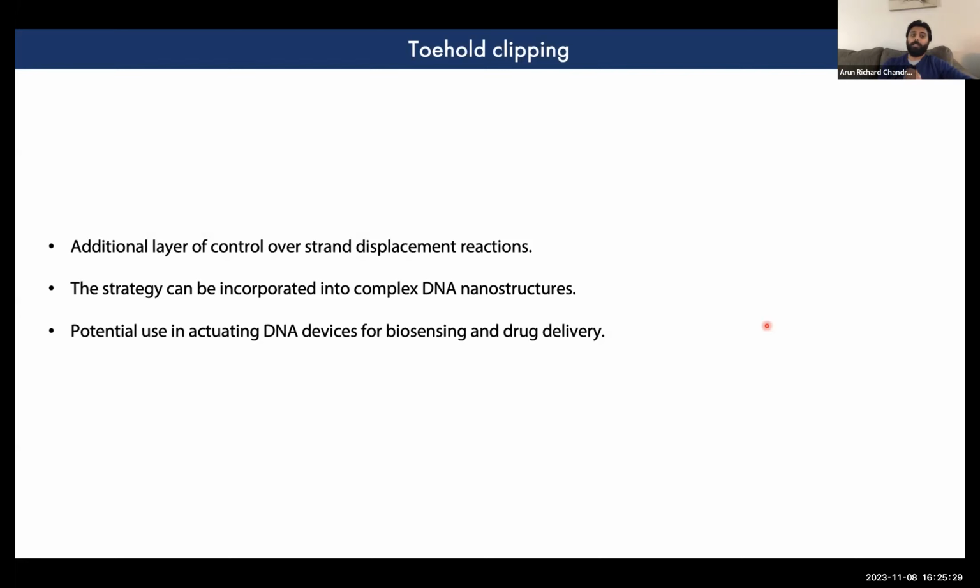So we see that these strategies have potential in actuating devices for biosensing. For example, the invading strand could be a biological marker that then causes a signal readout, or in drug delivery, where a drug carrier could be intact until it finds a particular biomarker, which then causes the structure to disassemble and then release the drug.